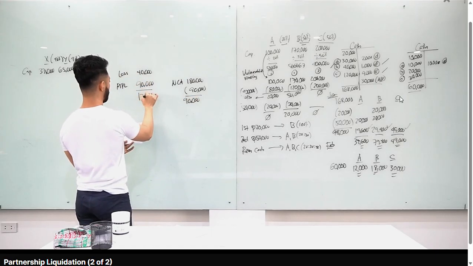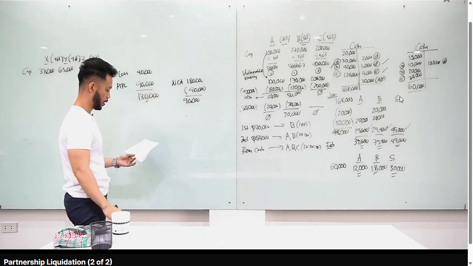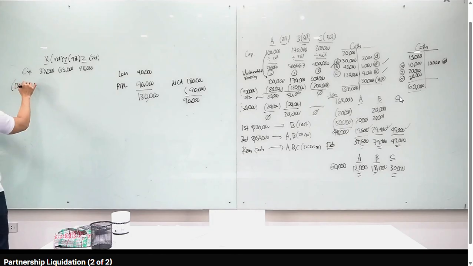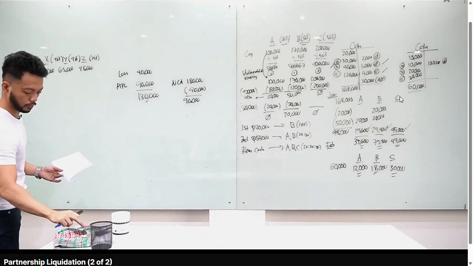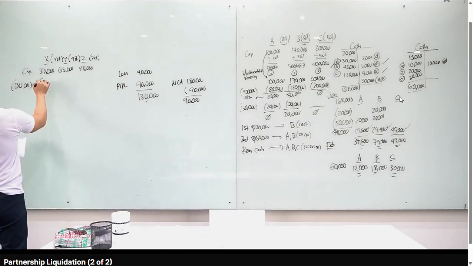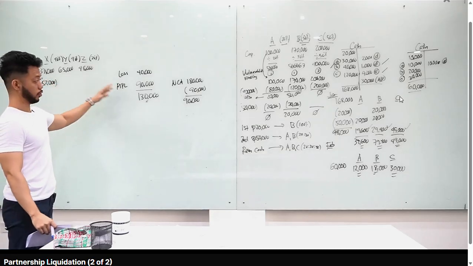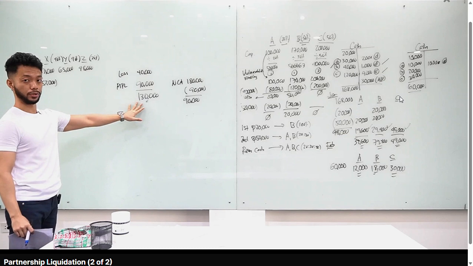Or, you can allocate 130,000. So let's allocate the 130,000 to the three partners, 130,000 times 40%. You have 52,000 for partner X. I only need one allocation, since I'll allocate the total at once. So that is 130,000.